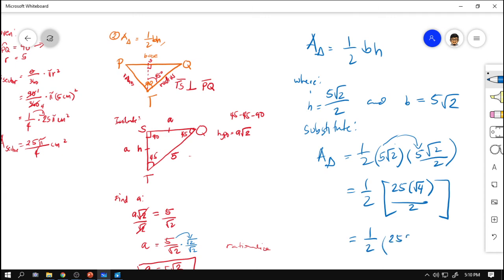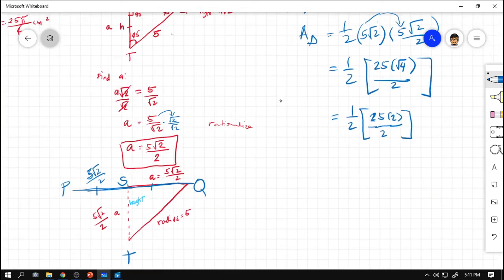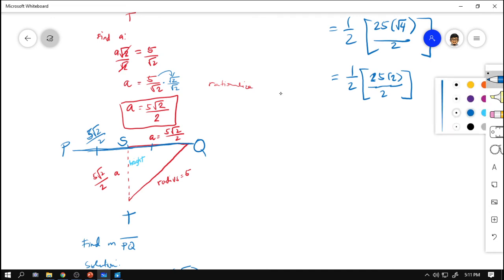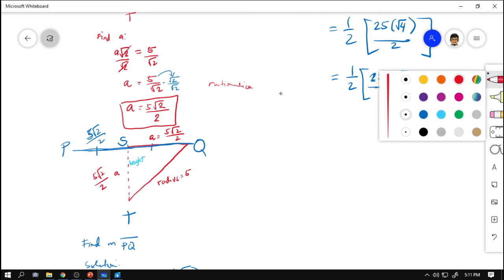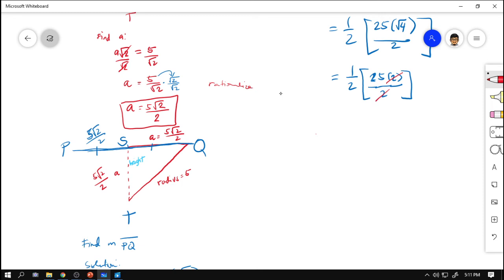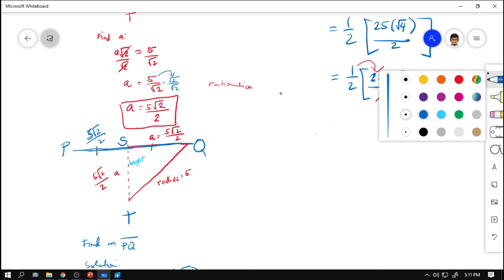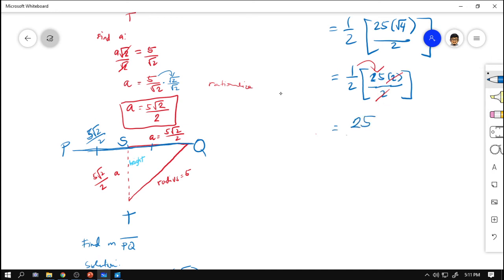Square root of 4 is 2. Over 2. And solving it, cancel out 2 na yon. Cancel 2 doon. So 1 times 25 is 25. We have now 25 over 2. That is now the area of the triangle.